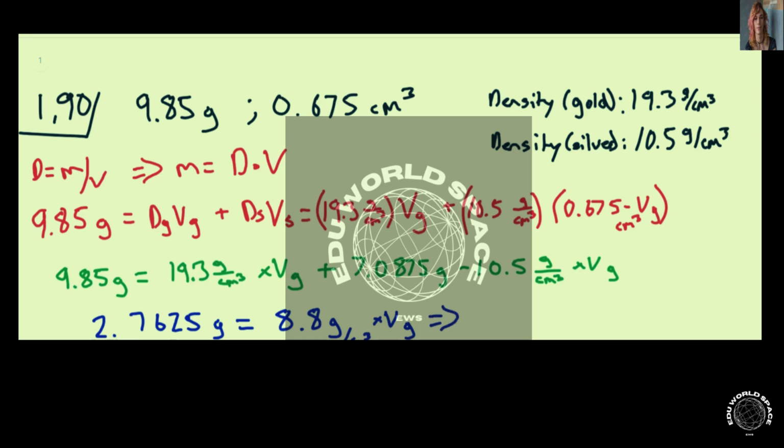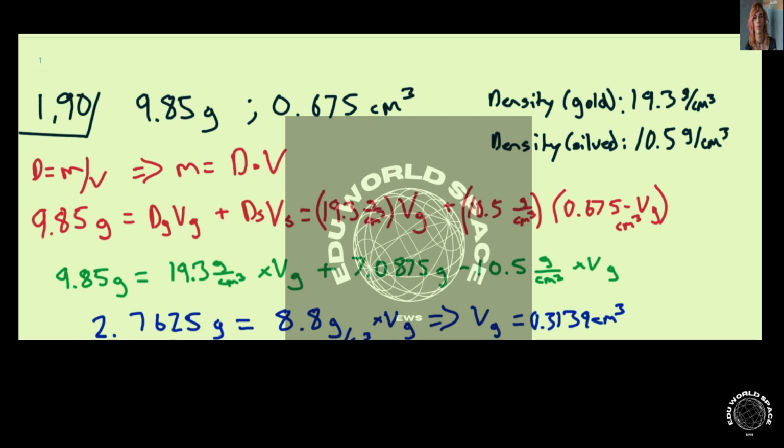And then we calculate the volume of gold as being equal to 0.3139 centimeters cubed. So that's the volume of gold.